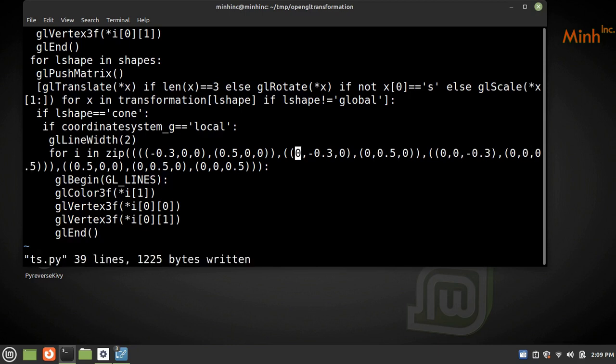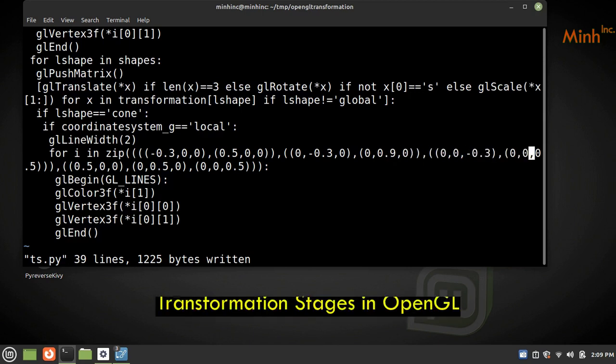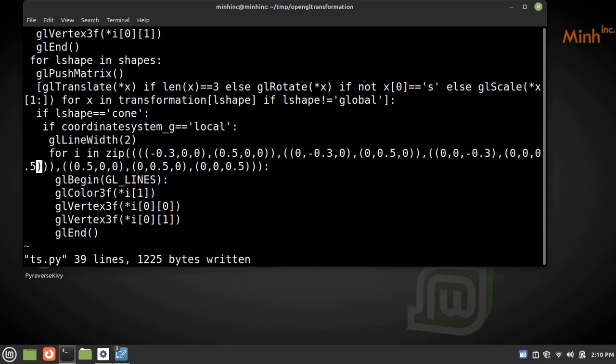So x-axis is minus 0.3 to 5, y-axis is minus 0.3 to 9. So I can make it bigger, y-axis. Okay, it is up to me. And then z-axis is minus 0.3 to, or I'll keep it 0.5 only. What about colors?